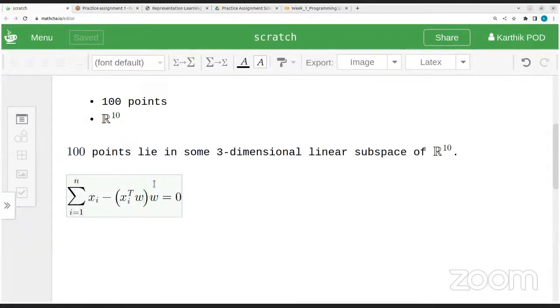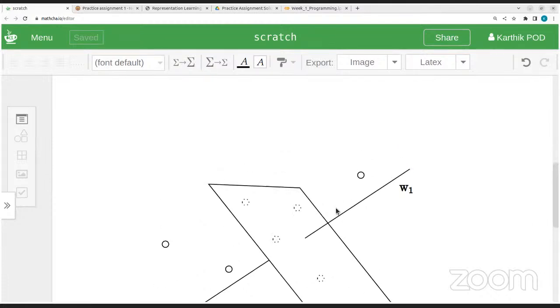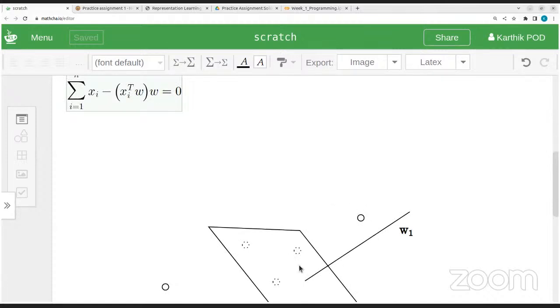So how will I know that the data is actually distributed around the W1 such that after summing it comes to 0? This is the residue, the length perpendicular to the W1. So how can we say that the summation is 0?